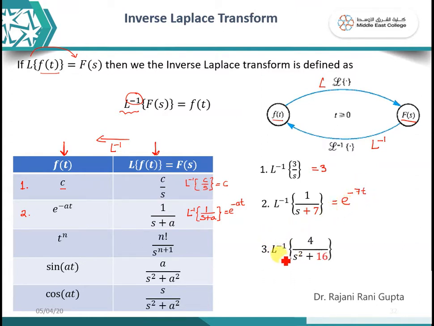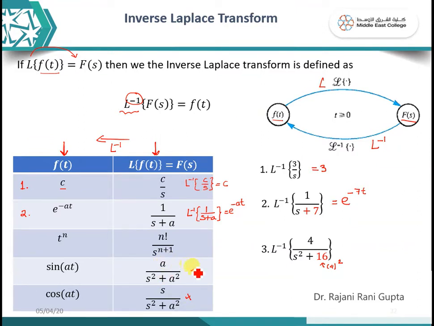Next, Laplace inverse of 4 over s square plus 16. You know that 16 is 4 power 2. So if we look at this, these two rules are matching, but in the numerator we have the number 4, and the cosine rule does not have a number, while the sine rule does.